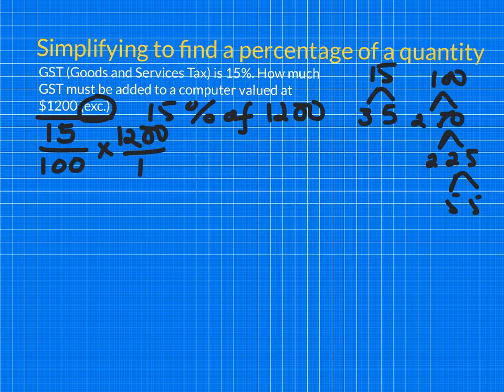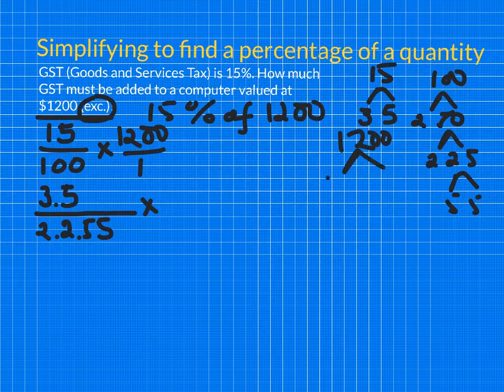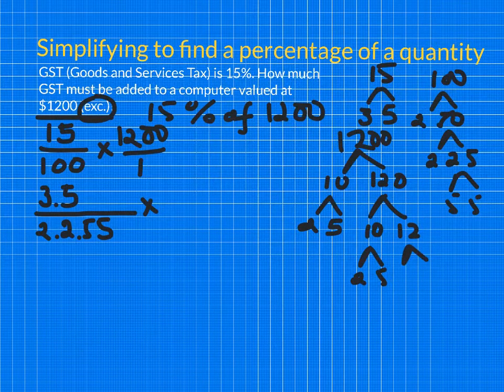So 15 will be 3 times 5, 100 would be 2 times 2 times 5 times 5, and 1,200 could be 10 times 120, in which case the 10 would need to be broken down as 2 times 5. The 120 could just be 10 times 12, in which case the 10 would be 2 times 5, the 12 would be 2 times 6, and the 6 would be 2 times 3.